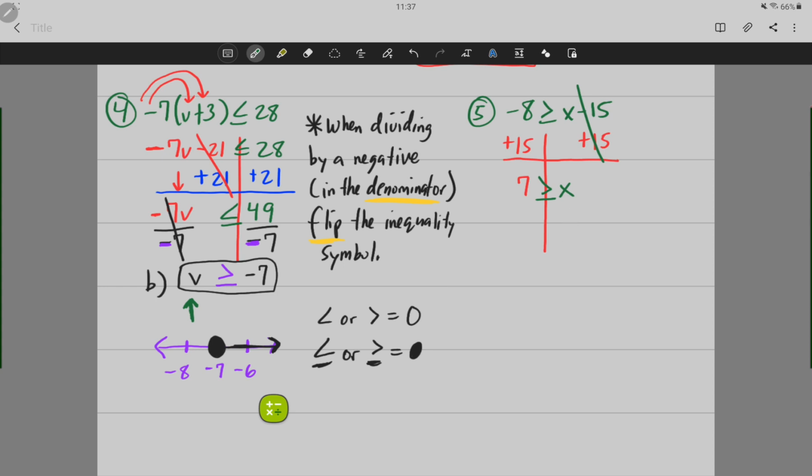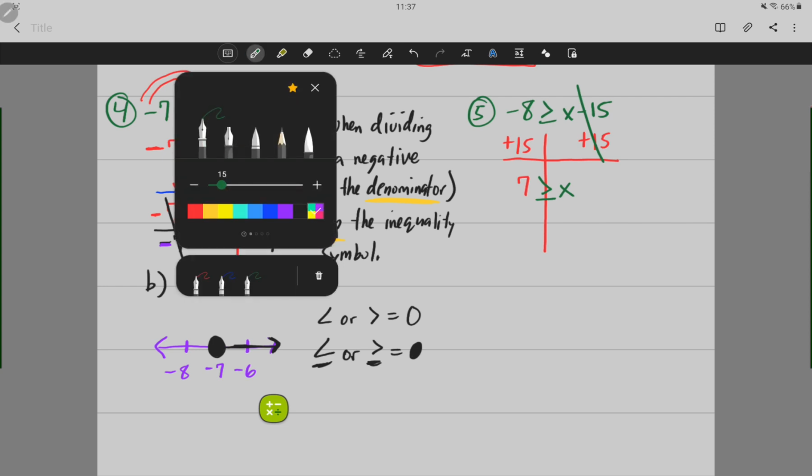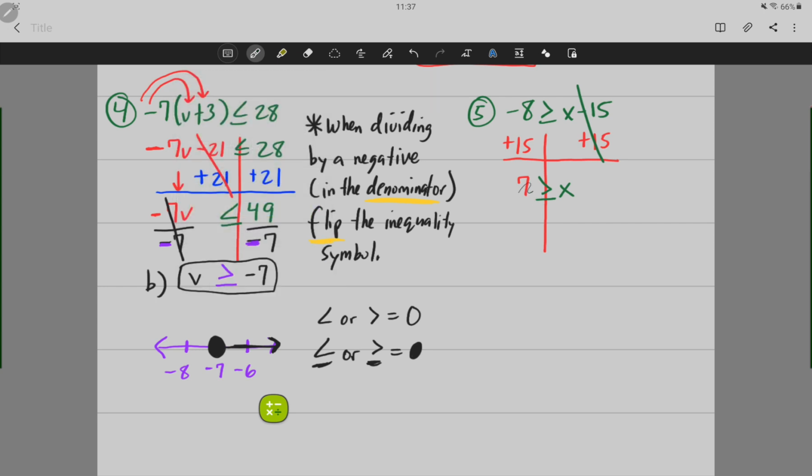So what we want to do is to just simply rewrite this inequality so that our symbol is still in the middle, our variable is on the left side, and our constant is on the right. So how that works is the places. So 7, our constant, will come to the right. X, our variable, comes to the left. But since they switch places, we can't leave the symbol the same because then the inequality would not be true.